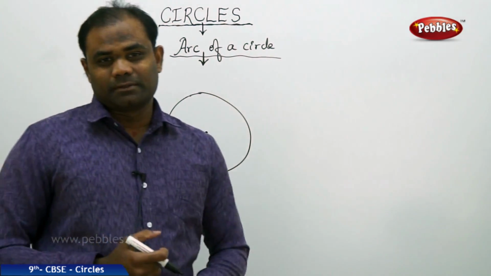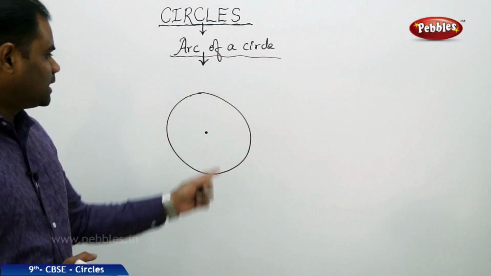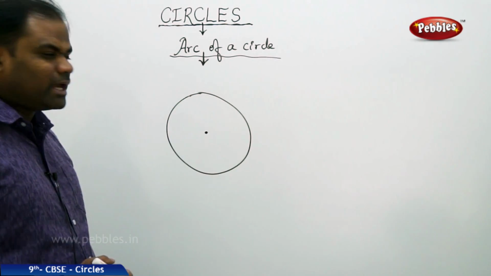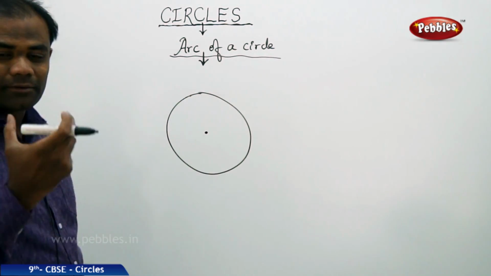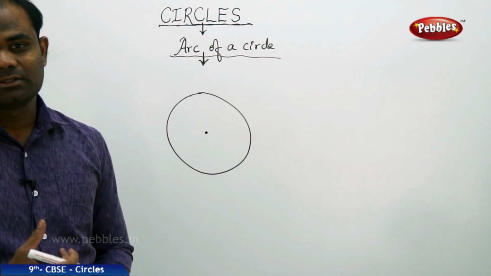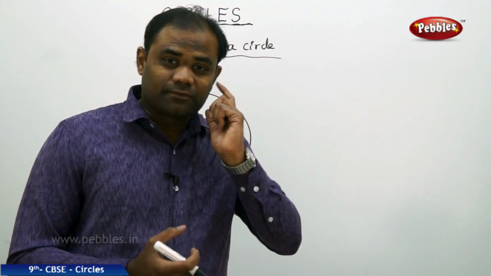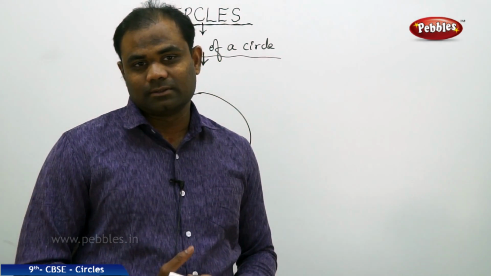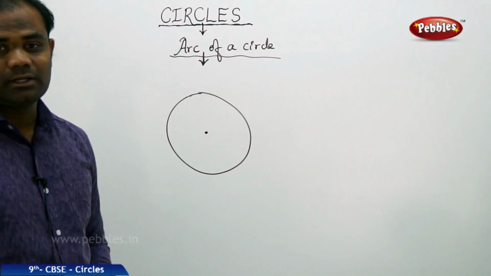So what is an arc? As we see, the rim of the circle is this, so any part or piece of that rim which we find in the circle is called an arc. So an arc is defined for a circle to be a part or piece of a circle. That is how we understand arc.